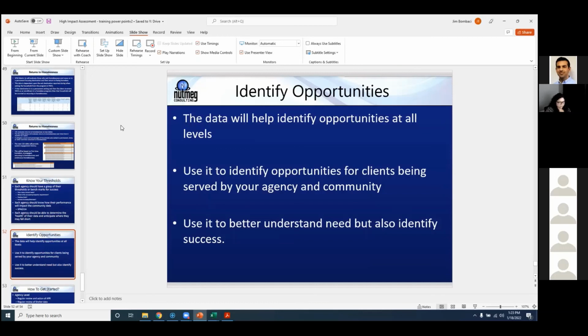This isn't all about where agencies and users are falling short. It's really about where they are succeeding in their interventions with the households that they're serving, because the bulk percentage of your data is positive data.